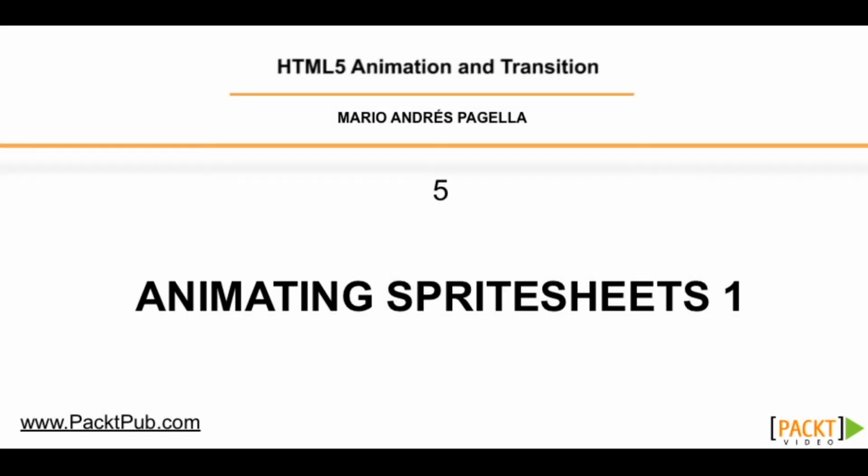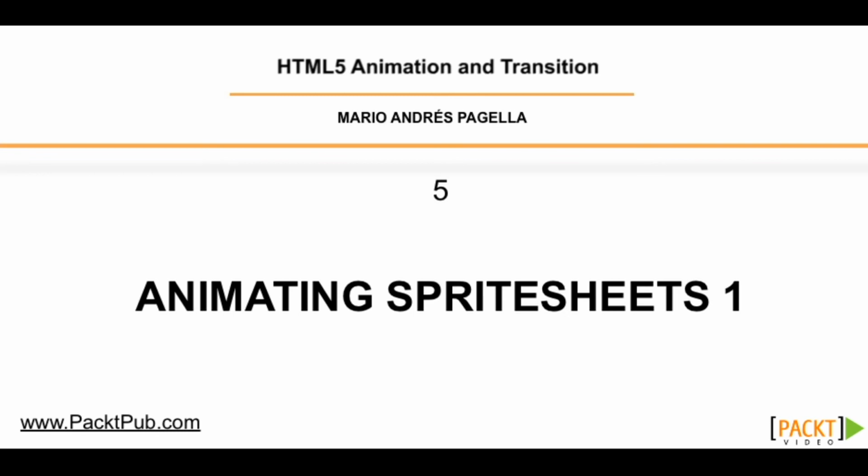In the previous chapter, we learned how to work with WebGL. Now, in this chapter, we're going to be making a small basic introduction to sprite sheets. And sprite sheets are a concept that come from the world of animation, right?